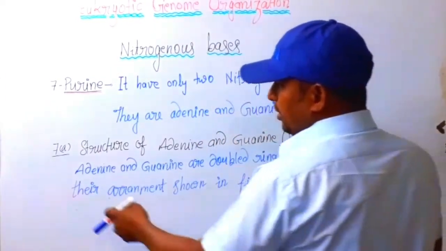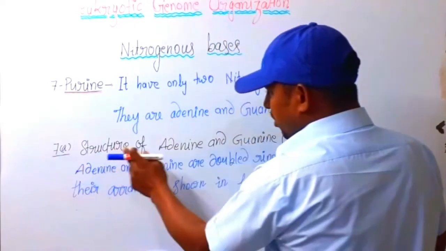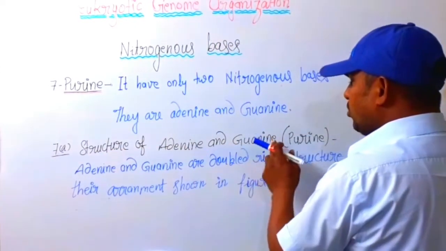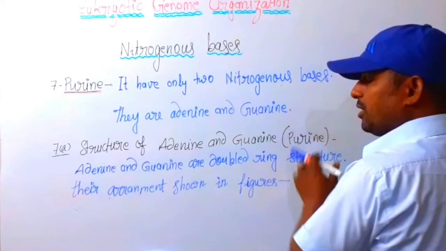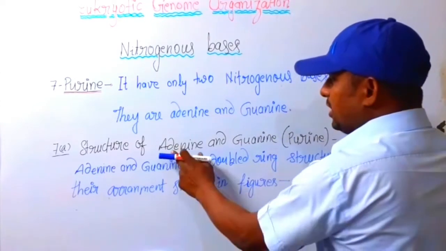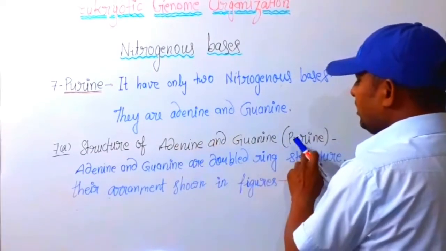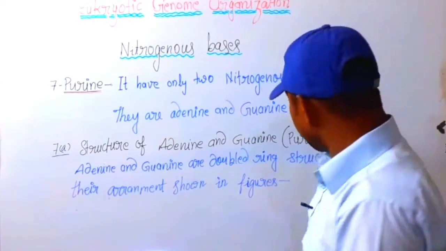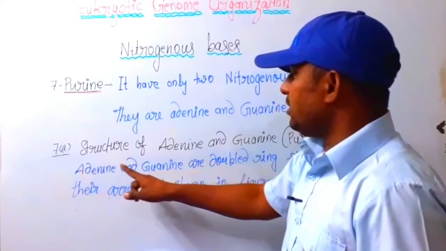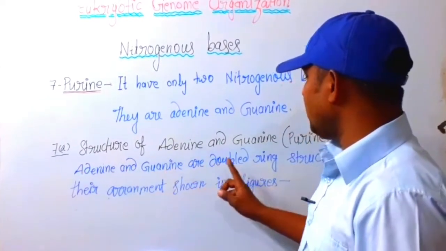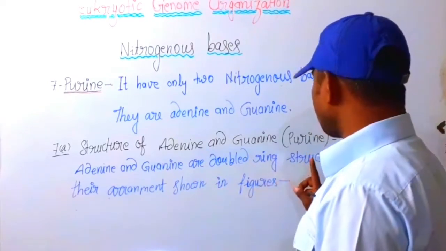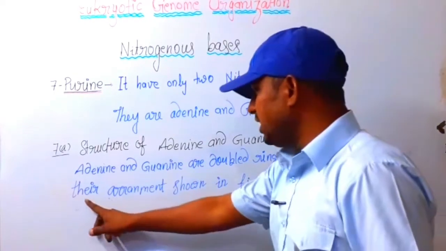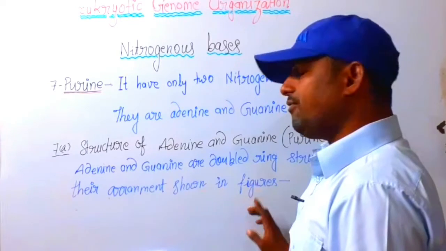So, point number 7.1, structure of adenine and guanine, that is purine. Adenine and guanine are collectively called purine. Adenine and guanine have a double ring structure. Their arrangement is shown in the figure.